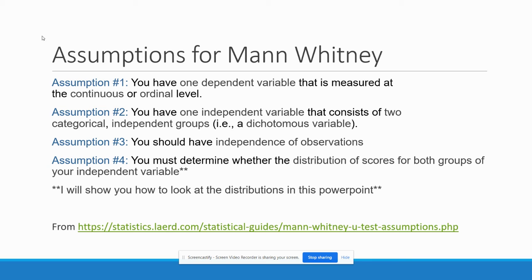Assumption three is that you have independence of observations. Again, that simple random sample. Assumption four, you must determine whether the distribution of the scores of both groups of your independent variable is similar. So what you've got to do is look at both groups to see if you can run this test. And I'm going to show you how to look at the distributions in this PowerPoint.